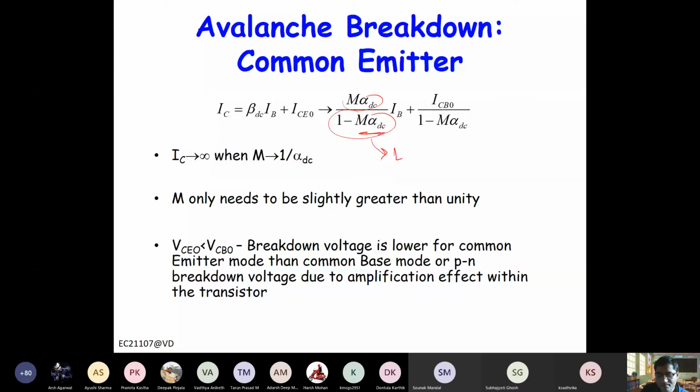Now alpha is by design very close to 1, so you actually need M slightly more than 1. So your breakdown in case of common emitter will be quicker than common base.